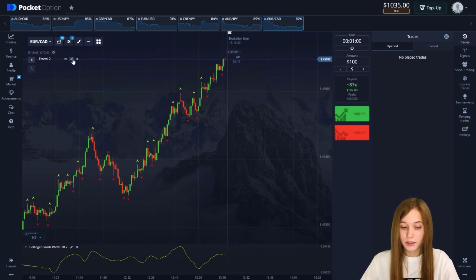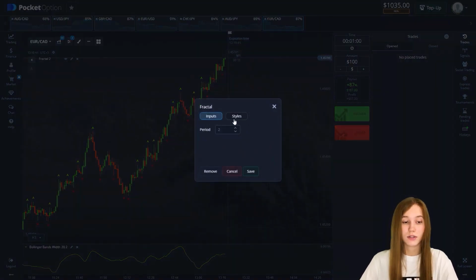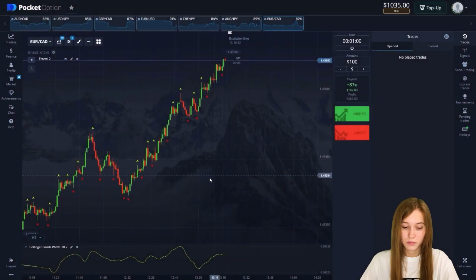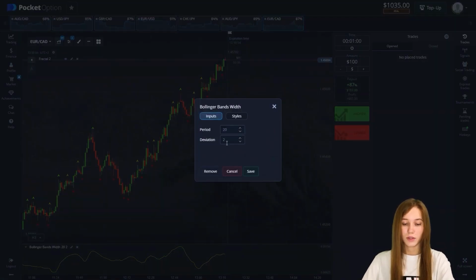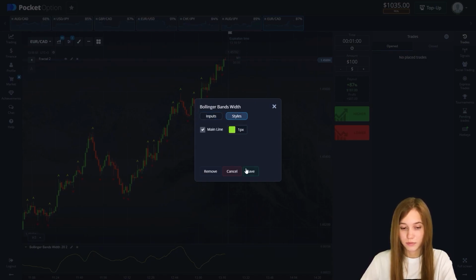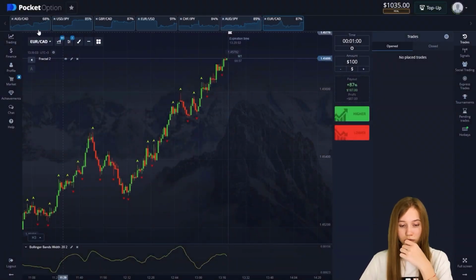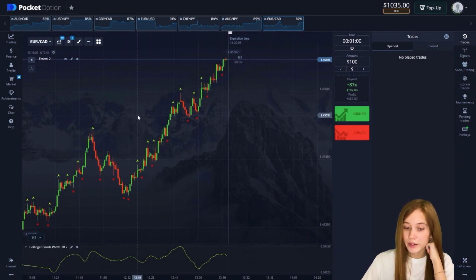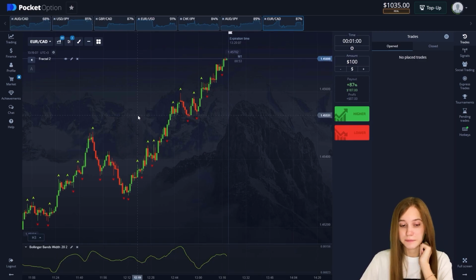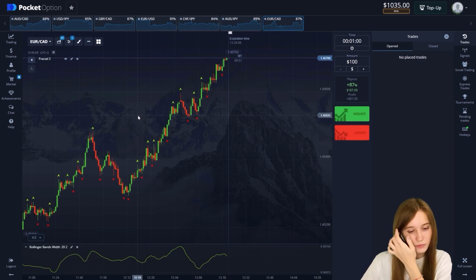We use technical analysis for general analysis and 2 indicators: fractal, and the second, Bollinger Bands. So we used concept paths.